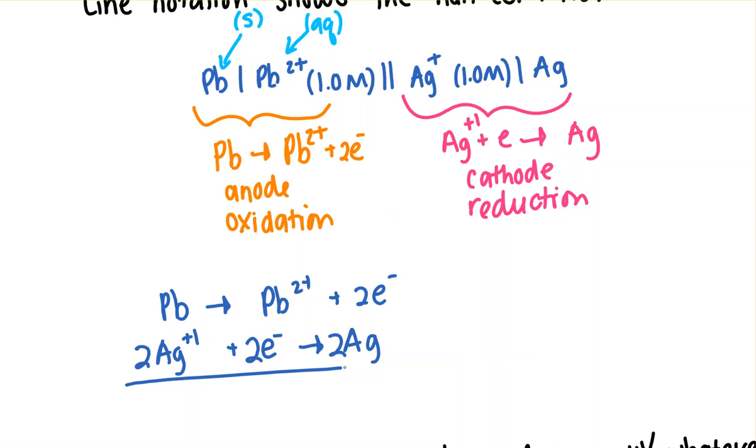And then I could think of it as adding these two to get my net reaction. So I'm adding all of my reactants here, and I'm going to put back those states. Notice that I did not write the electrons because we can think of them as canceling here.